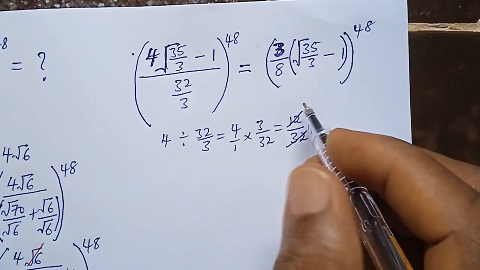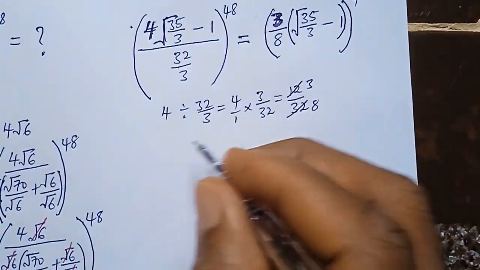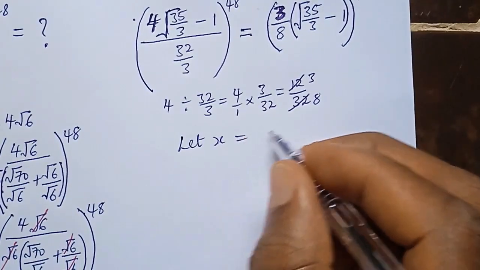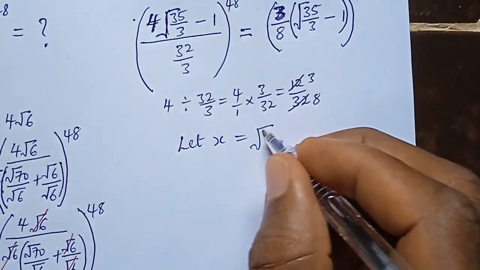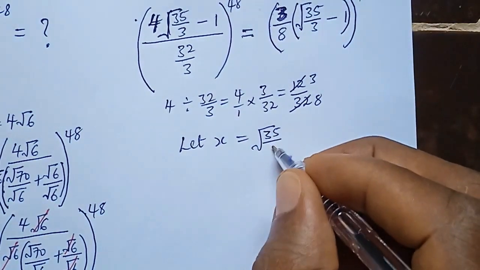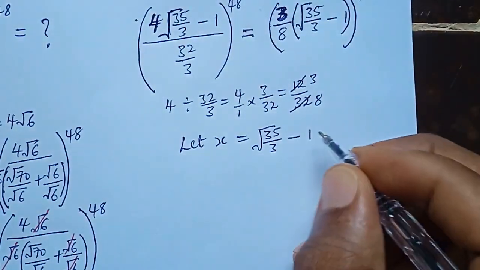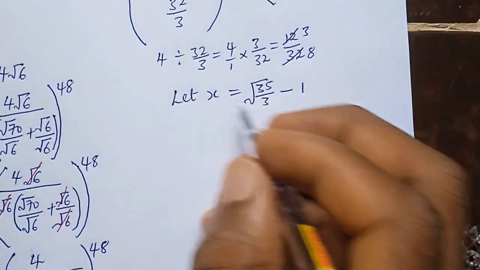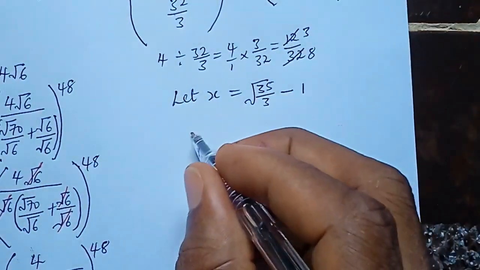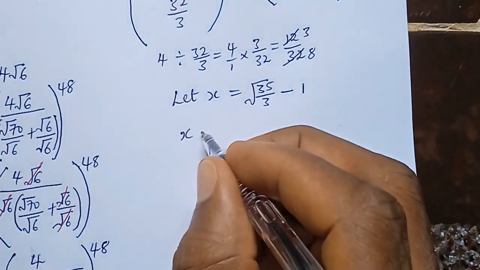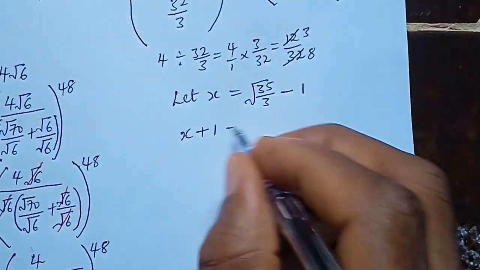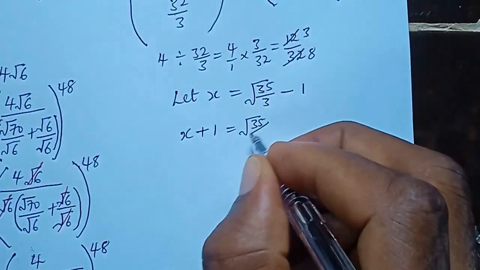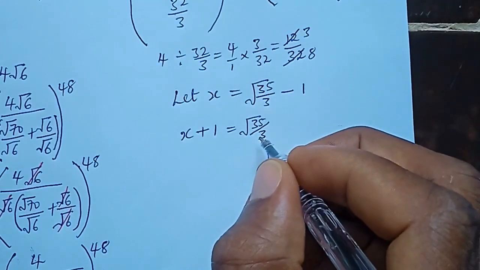Okay, so from here, the next thing is to let x equal to square root of 35/3 minus 1. So we equate x to be this, such that x plus 1 will be equal to square root of 35/3.